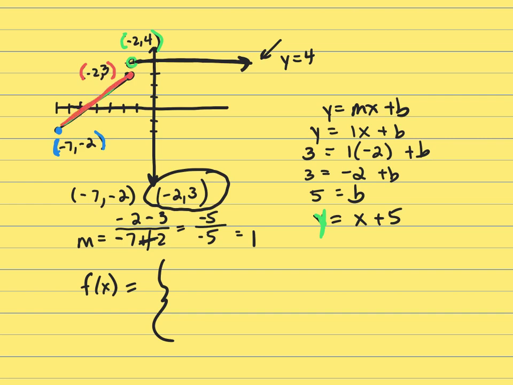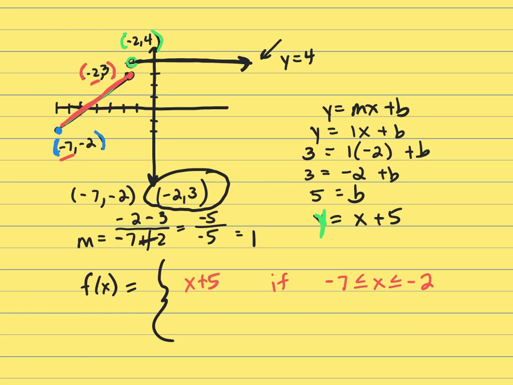This line has x values -7 and -2, and the endpoints are included. So between -7 less than or equal to x, less than or equal to -2, this is if, and my equation is x plus 5.